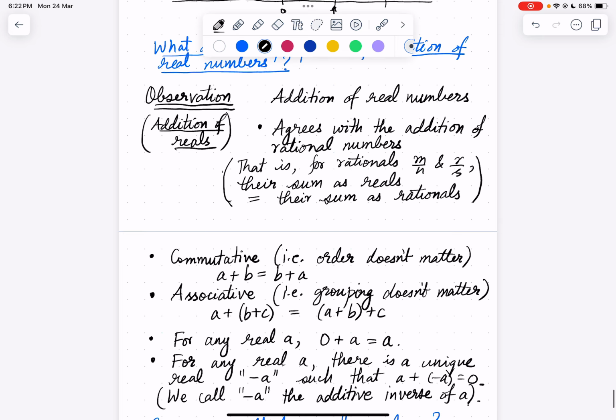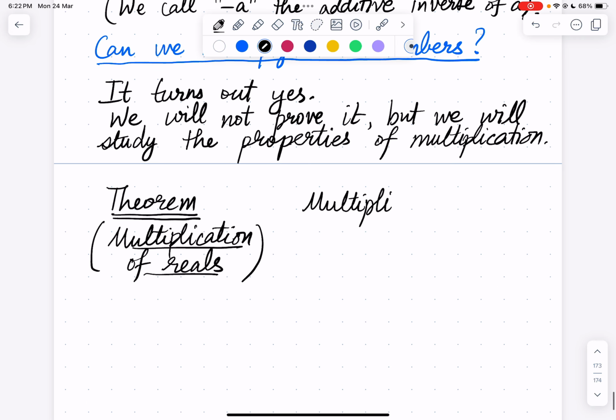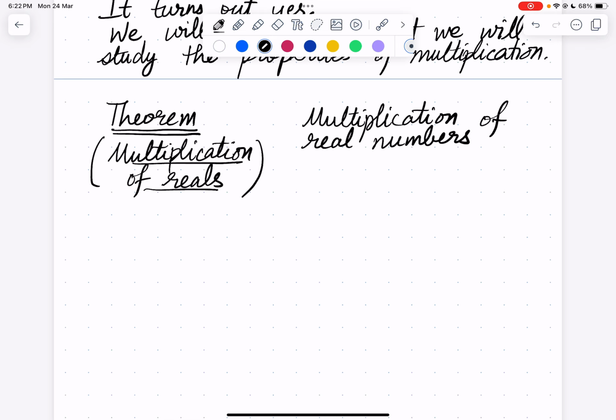That is somewhat non-trivial. So multiplication of real numbers: these are the properties. It agrees with the multiplication of rational numbers.